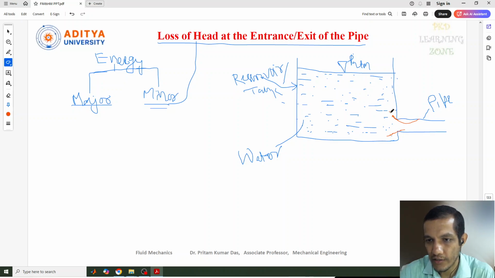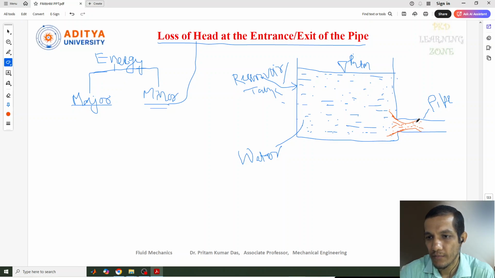You can see suddenly the area of this fluid, when it is coming from the reservoir to a small pipe, the area of the flow is contracted.